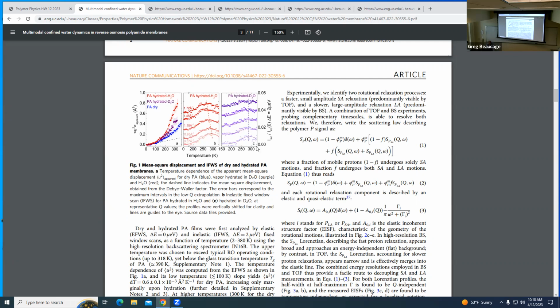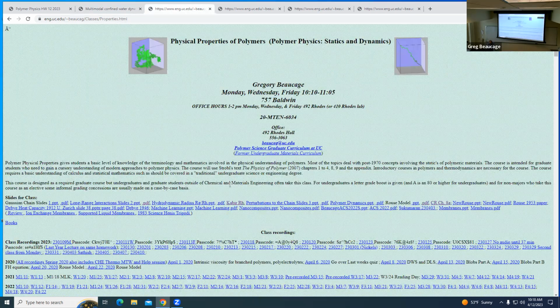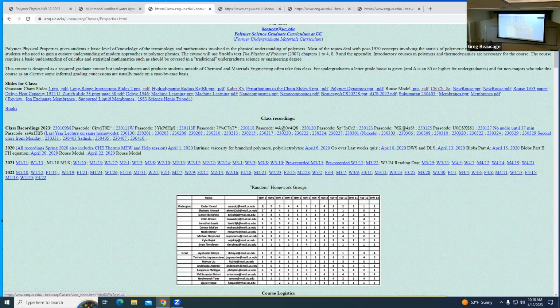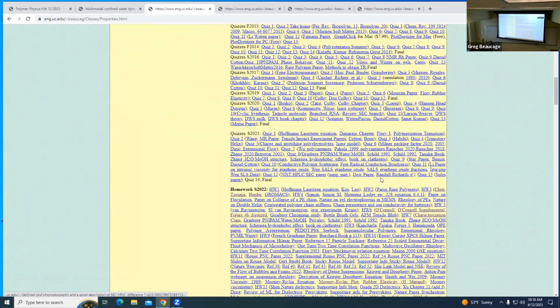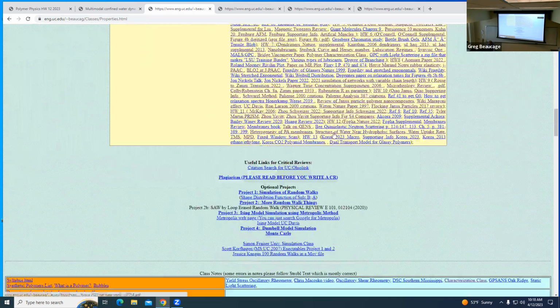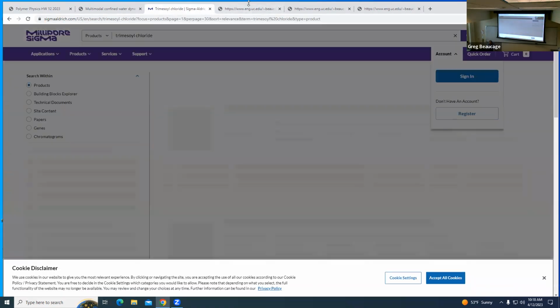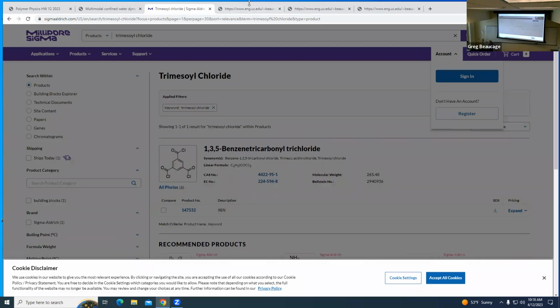So for as far as the aromatic rings and the polyamide, let's see, I got the polyamides here somewhere. Let's see, down. That's pretty slow. Huh?